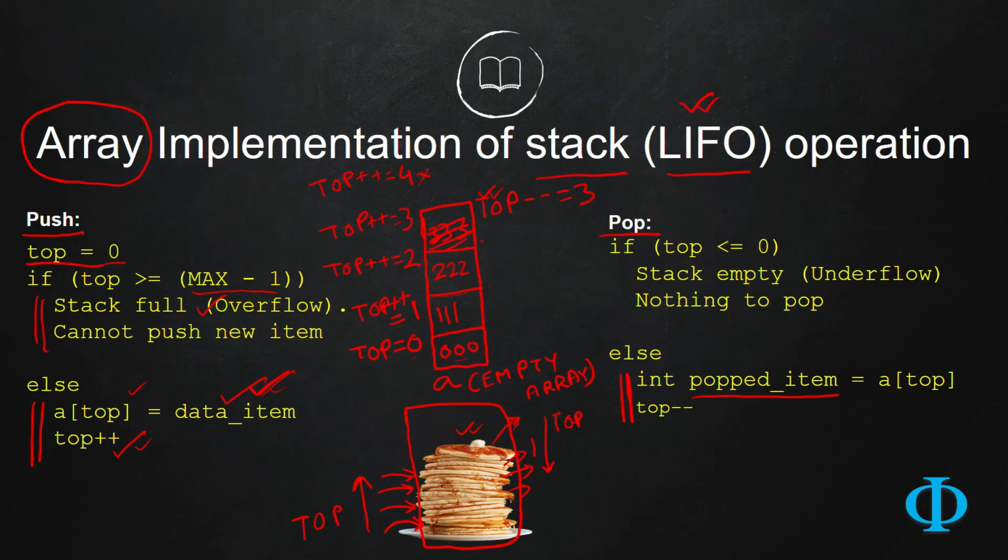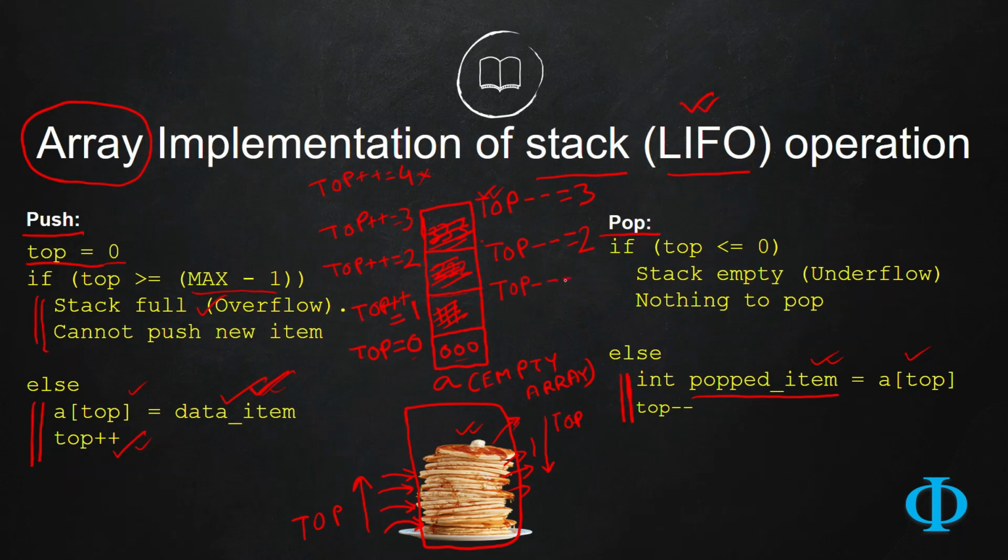Next time when I want to pop another item, first pop one item and save it inside the popped item. So that becomes like 222 is removed, or popped, from the stack, and top minus minus equals 2. So top is decremented by 1. Next time when you want to pop the next element, again take out the next one, that is 111, and decrement the top once again.